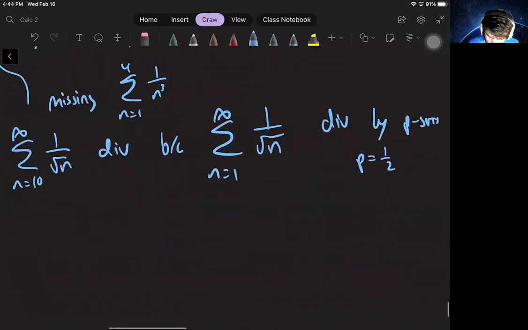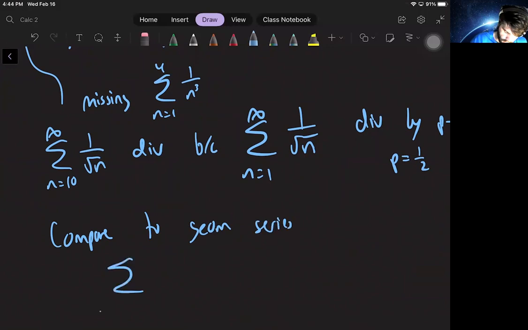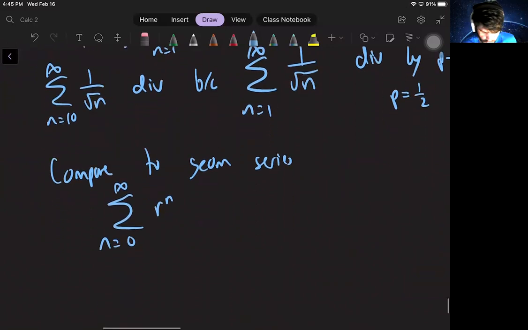So again, I want to stress what you should do is compare to the geometric series and make sure that you can tell the difference. And make sure you can tell when you see something which is which.